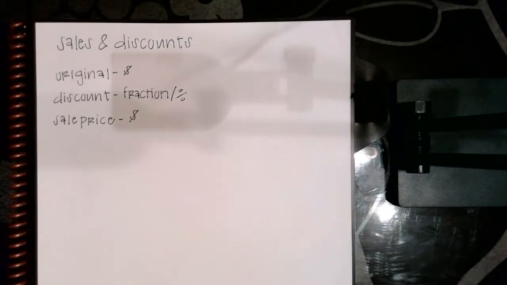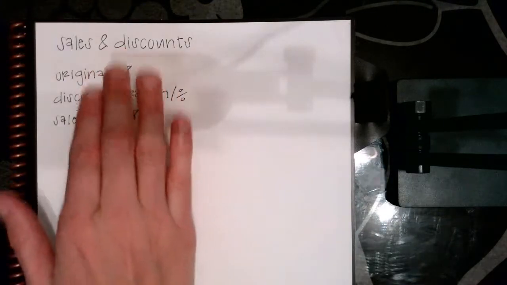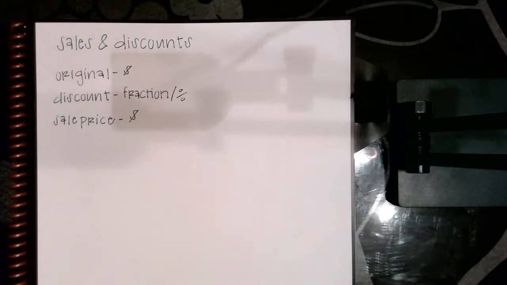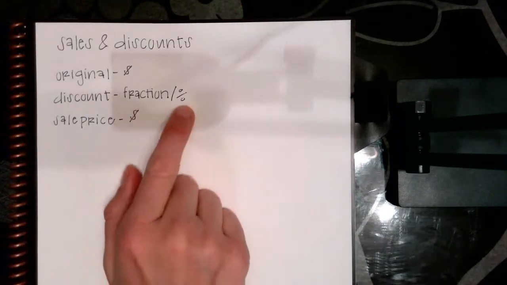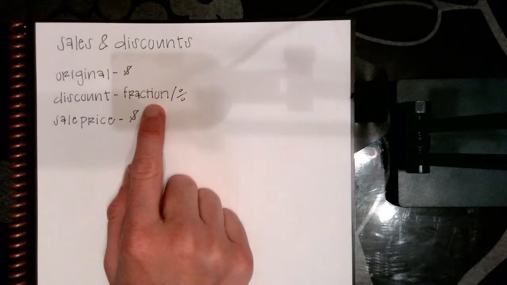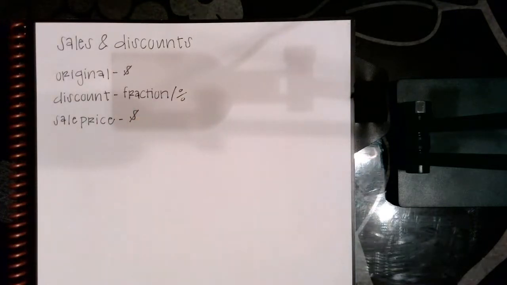So, the same thing is also used for commission. Commission, again, is a percent that you make off of a total sale. So, we're going to go ahead and talk about a video game.